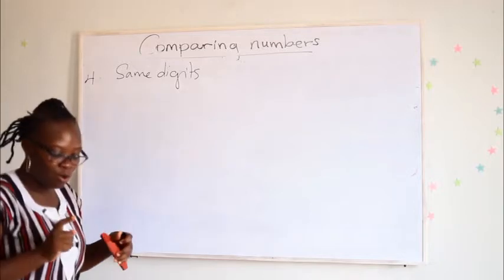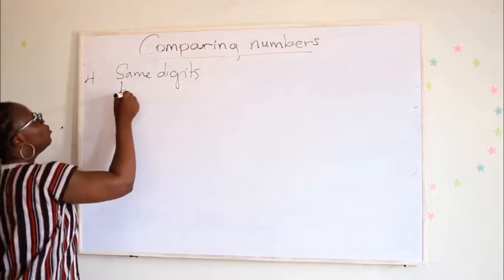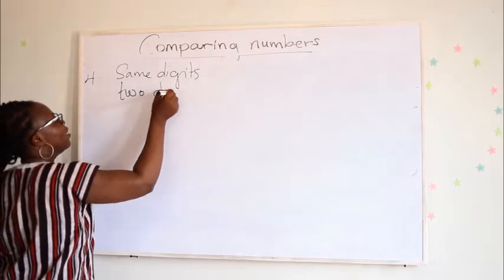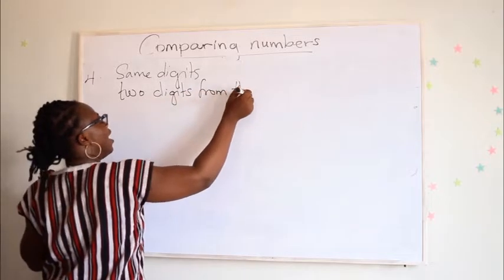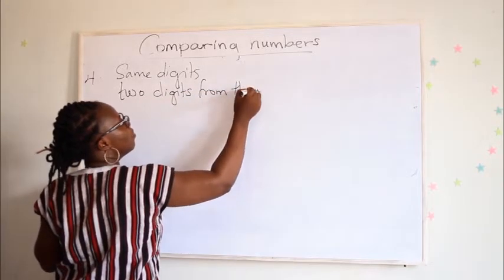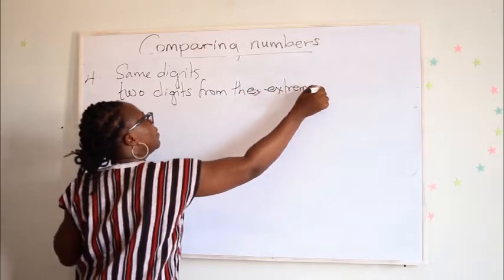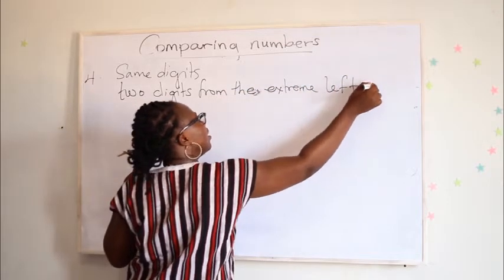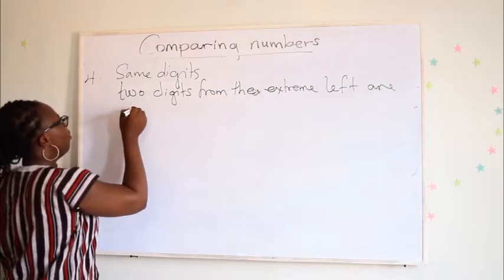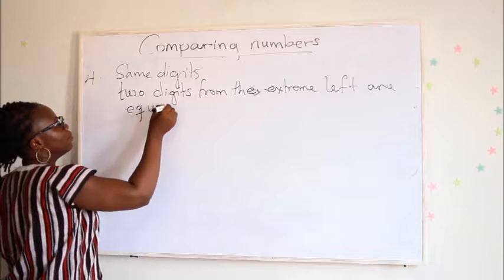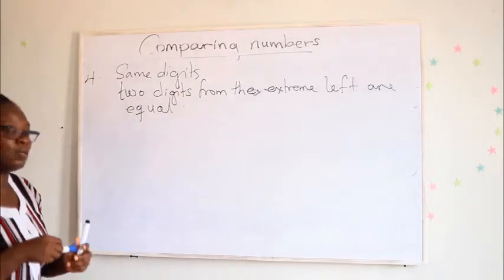Our digits are still what? The same. And two digits from the extreme left are equal. So let me take this as a very simple one and let's see what I'm saying.